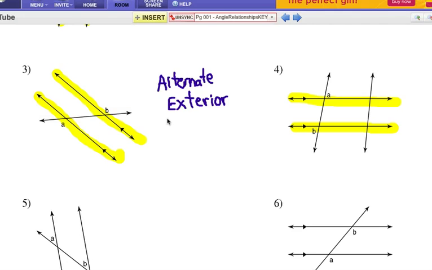If you look at the dimensions of angle A compared to angle B, a fairly wide open angle, they actually measure the same. So again, those are a pair of congruent angles. Alternate interior and alternate exterior angle pairs are congruent.